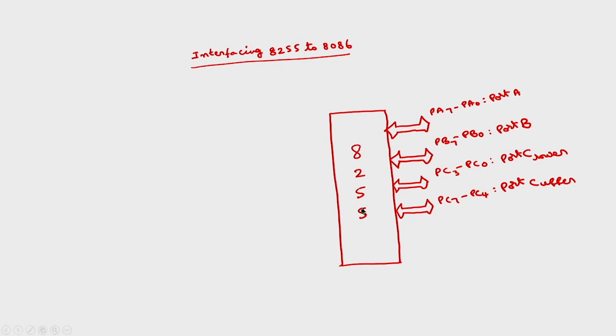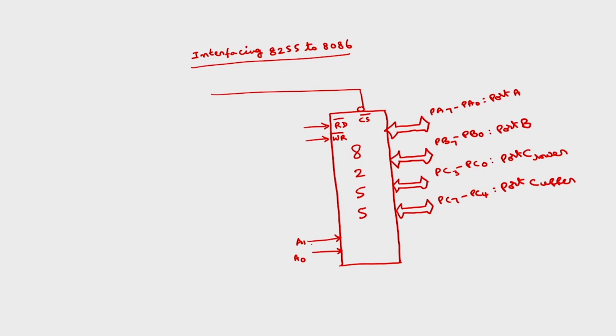And in addition to this, we have read bar signal, write bar signal. Then we have chip select bar signal. Chip select is an active low signal. Then we have A1, A0. So, this A1, A0 has to be connected to the A1, A0 of 8086.